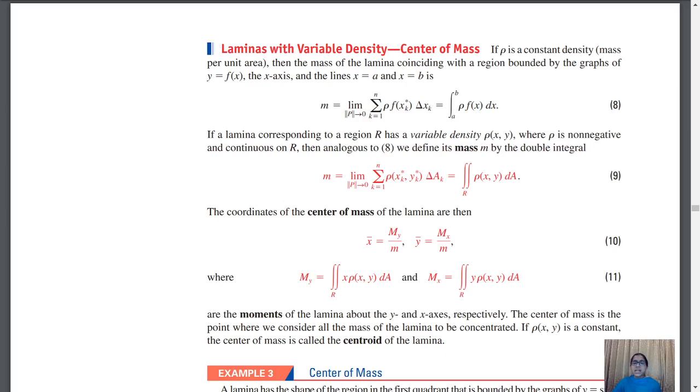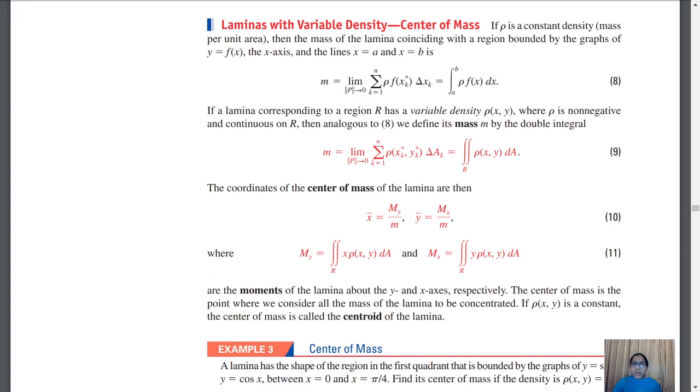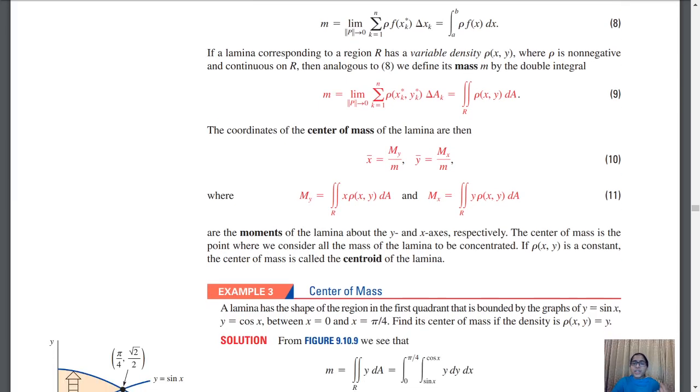It is the double integral over R of x into rho of x comma y dA, that will be My. When you have to calculate My, we multiply the density function with x, and when we have to calculate Mx, we multiply the density function with y.